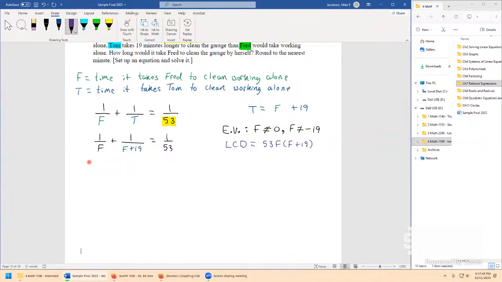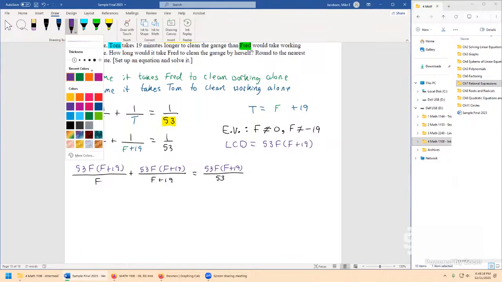Let's write this in as another step so we're not cramming it in on the step above. 53f, f plus 19, divided by f, plus 53f, f plus 19 divided by f plus 19 equals, one more time, 53f, f plus 19 divided by 53.